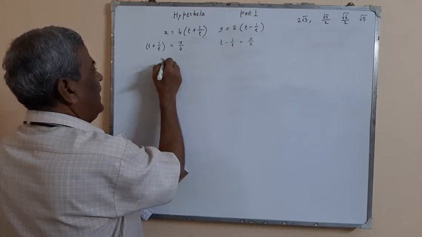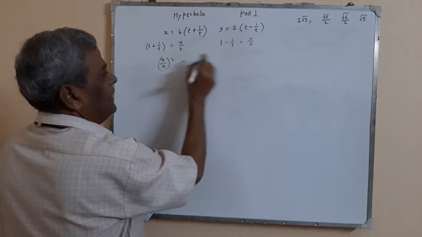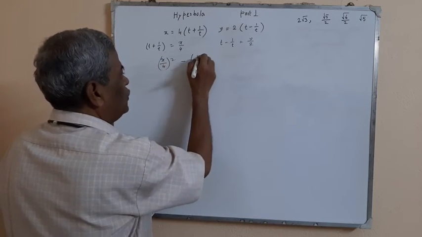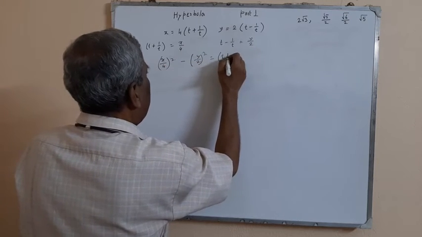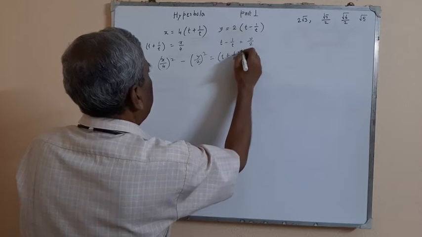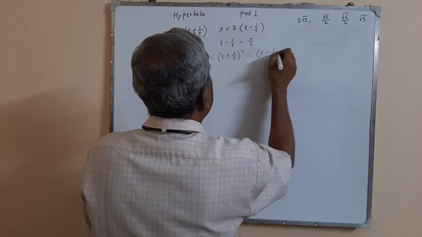Next, (x by 4) whole square minus (y by 2) whole square is equal to (t plus 1 by t) whole square minus (t minus 1 by t) whole square.